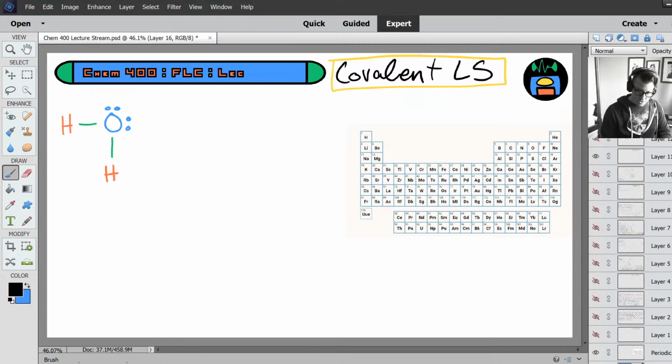You may have drawn your Lewis structure for oxygen like so. You could have drawn it like this. Or you could have drawn it like this.